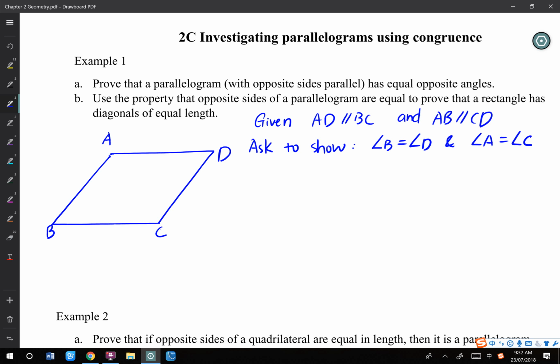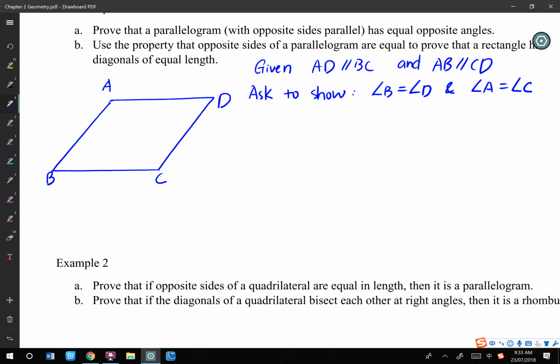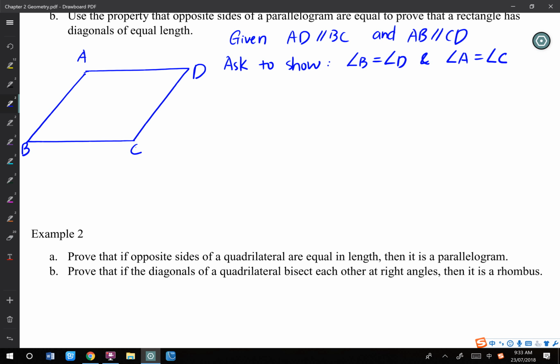Okay, the only thing given to us is AD parallel to BC and AB parallel to DC. And what it's asking is to use some rules to show that angle B equals angle D and angle C equals angle A. Because that's the first one, I'll just show you what we should do.